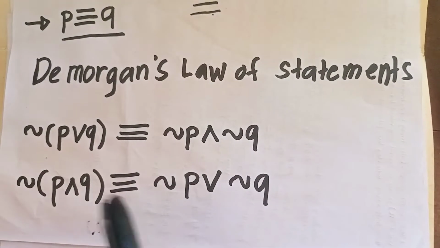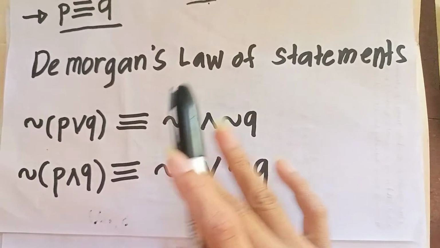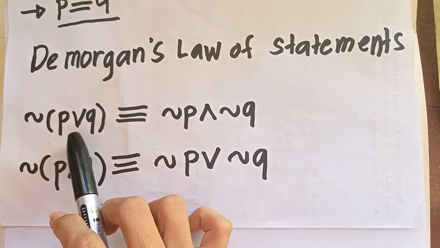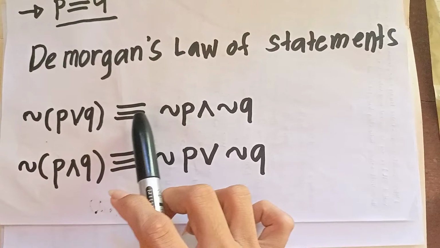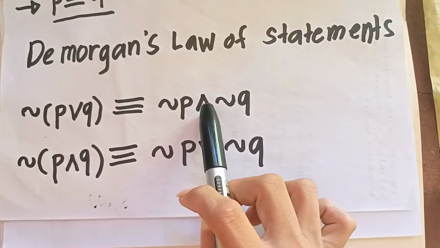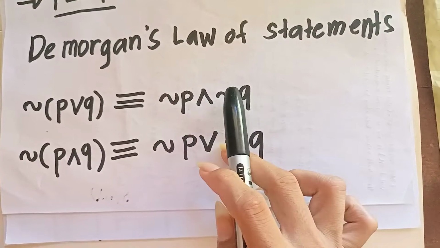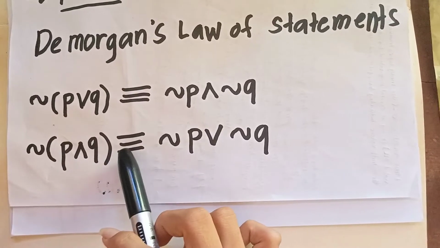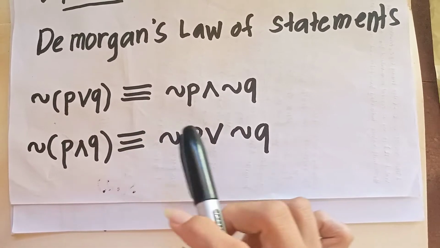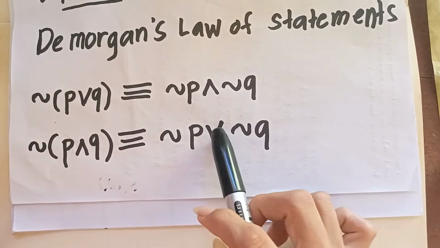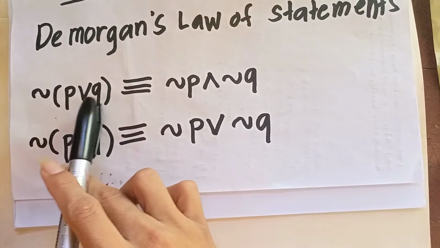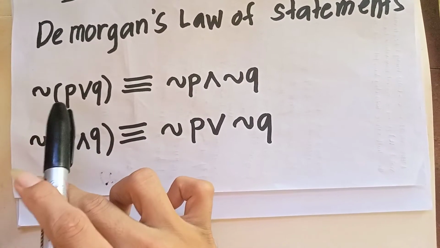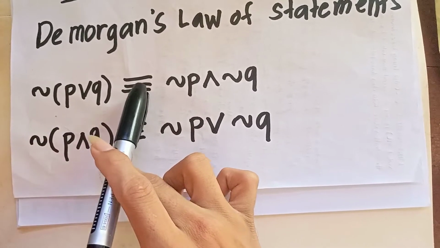So, if we notice in the equivalent statement of De Morgan's laws, the first statement uses the OR connective, and then its equivalent statement uses the AND connective. Below, we use the connective AND, and then its equivalent statement uses OR. That's all there is to De Morgan's laws of statements. If the given is OR, then the equivalent statement is AND.